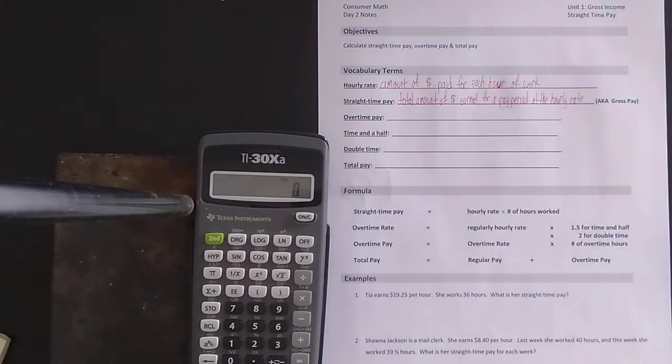So, a couple things in here. A pay period is just the period of time in which how much money you're making is being calculated. Usually a pay period is like 2 weeks. So like you get a paycheck every 2 weeks. And we'll talk more about how often you get paychecks soon. So total amount of money earned for a pay period at the hourly rate.